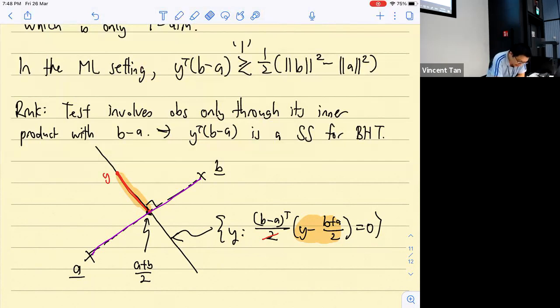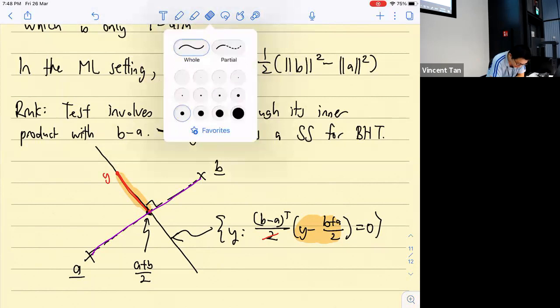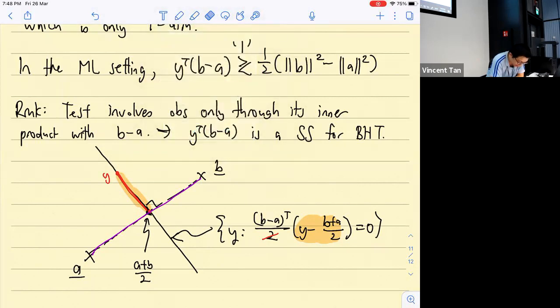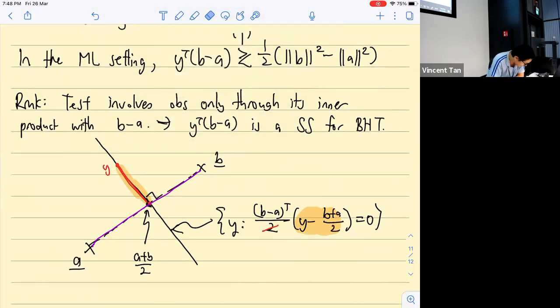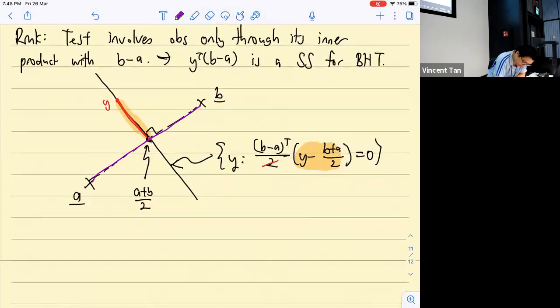So the whole idea is that y should be projected onto this B minus A, in this particular way. Another way of saying it is the following.